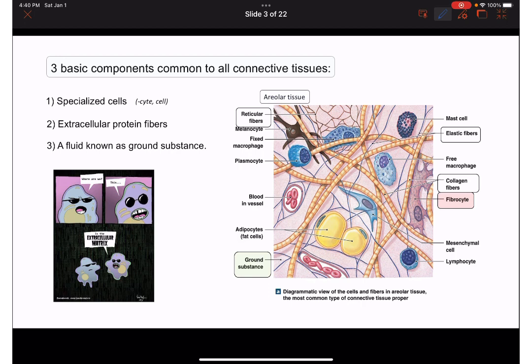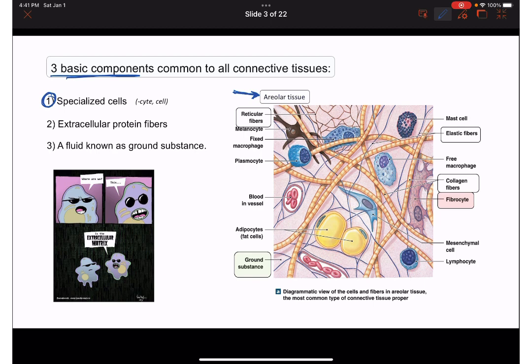Now, all of these different types of connective tissues are going to have the same three basic components. There's three basic components that are common to all connective tissues. And we're going to go through these, and we're going to use areolar tissue as an example to identify these different components. And one of those components is specialized cells.